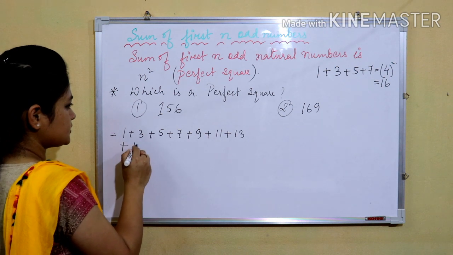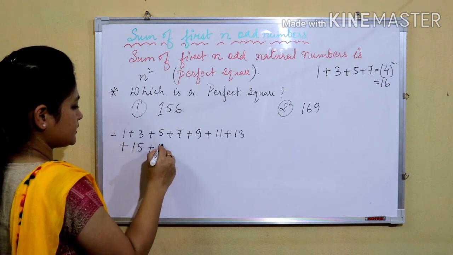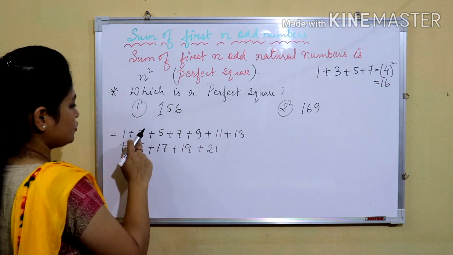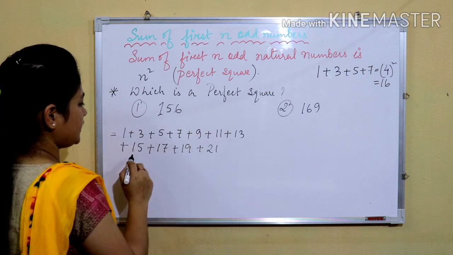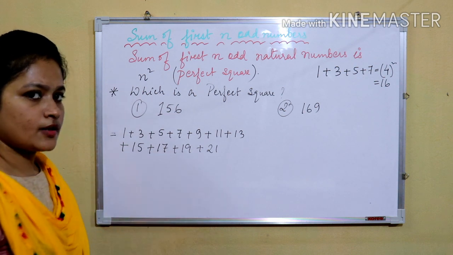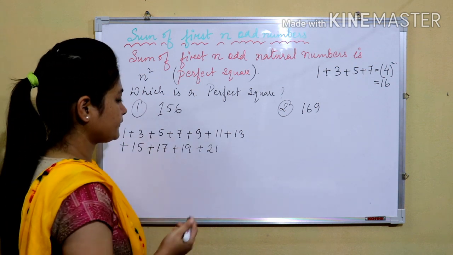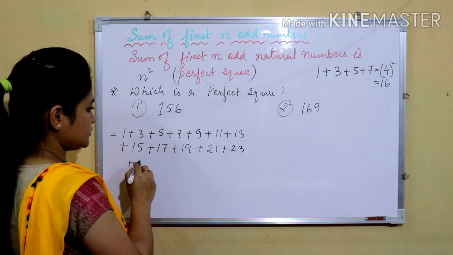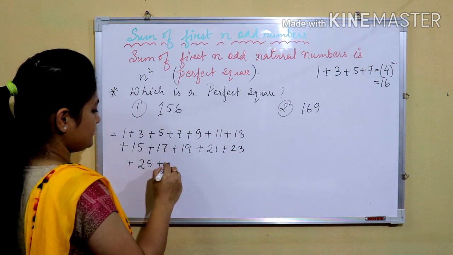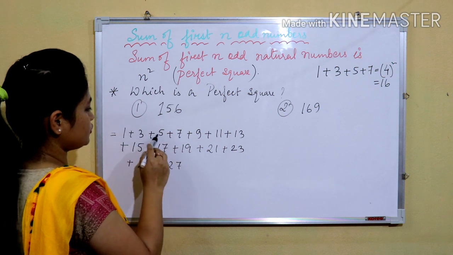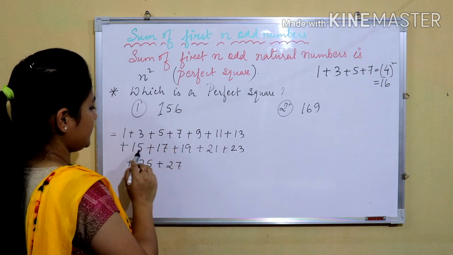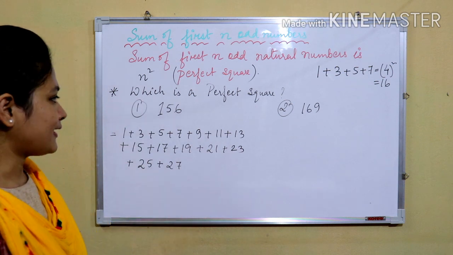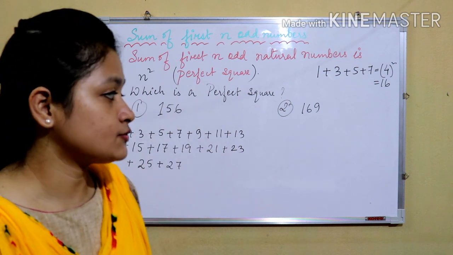Then 13 plus 15 plus 17 plus 19 plus 21, that is 11 numbers, so 11 square gives us 121. Plus 23 plus 25 plus 27, that is 14 numbers, so 14 square gives us 196.